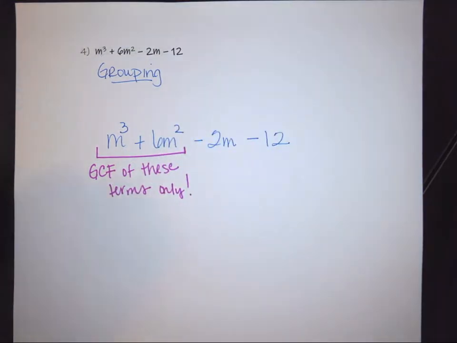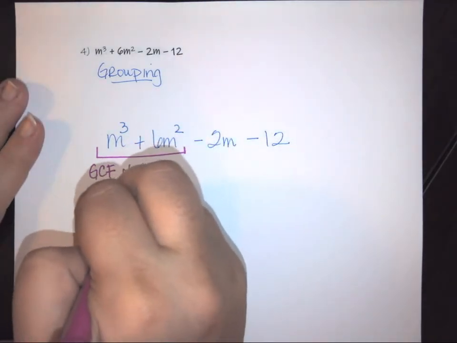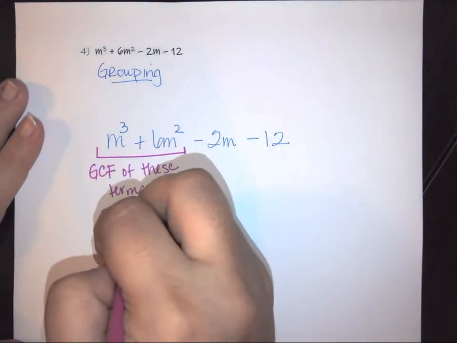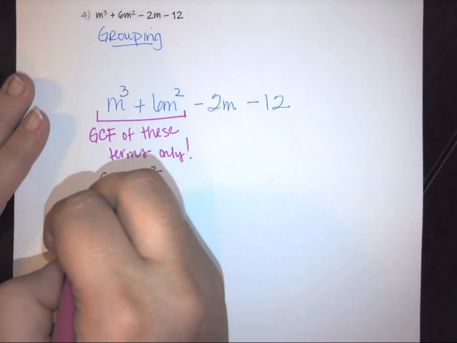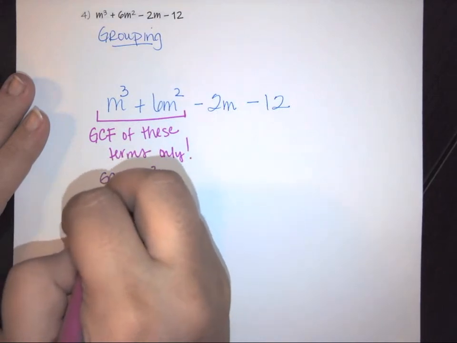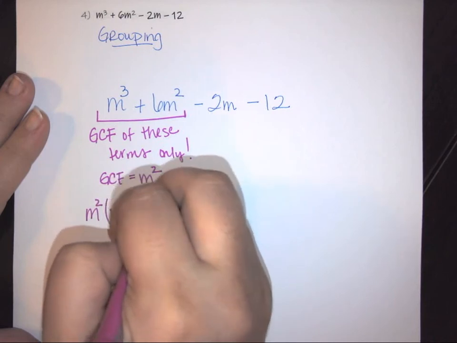Okay. So I have an m cubed and I have a 6m squared. In this case, my greatest common factor is going to be m squared. So I'm going to pull that out. So my first term, I pull out my m squared, and what's left behind is an m plus 6.